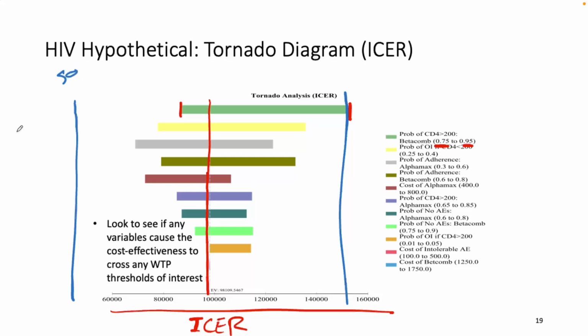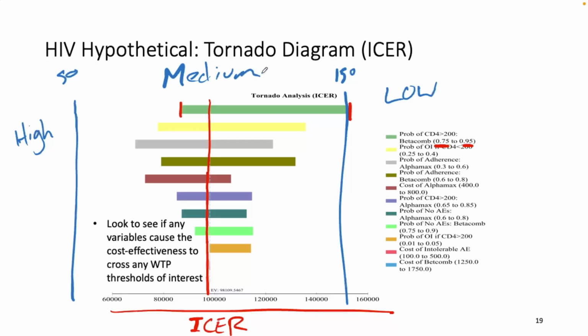We'll say that anything below 50,000 is considered high value care. Like, man, that's super cost effective. Anything above 150, we're going to say is low value care. We don't want to pay for low value care. We want to pay for high value care. And then anything in the middle is going to be considered medium or moderate value care.